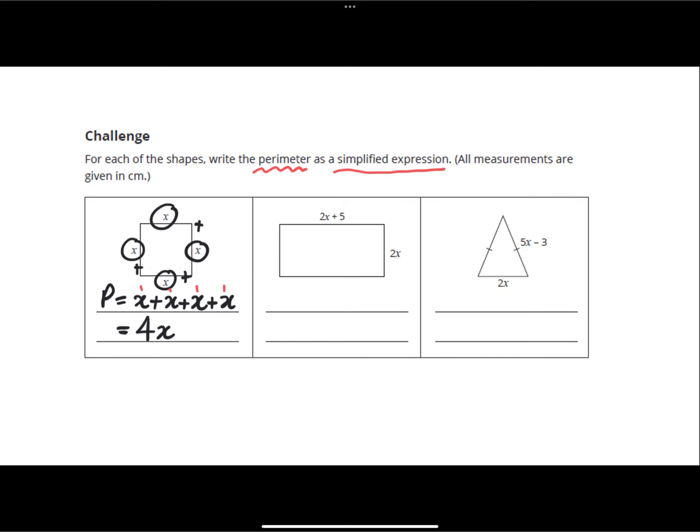So again, perimeter is the distance around the outside. So we're going to have this edge plus this edge plus this edge plus this edge. So let's write that one out.